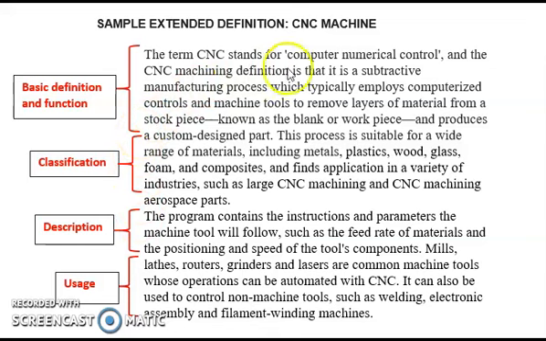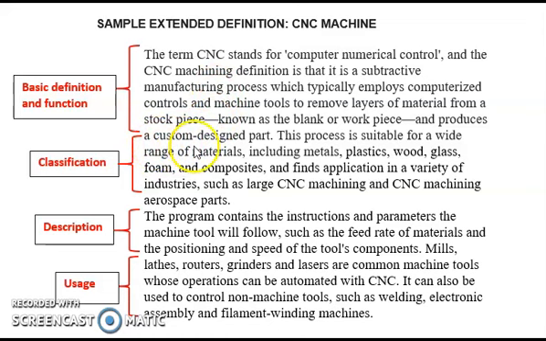The term CNC machine stands for computer numerical control, and the CNC machining definition is that it is a subtractive manufacturing process which typically employs computerized controls and machine tools to remove layers of material from a stock piece known as the blank or work piece and produces a custom designed product. So, if you notice the first sentence, it appears a bit lengthy, but it tells what is the expansion of CNC and it tells how it employs.